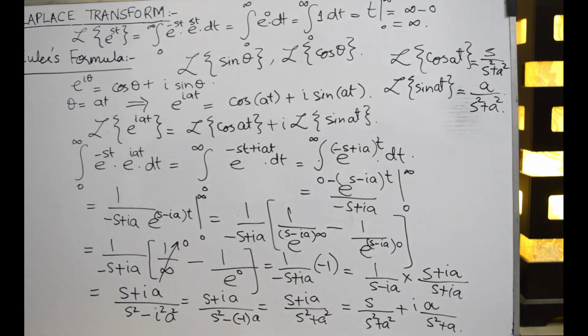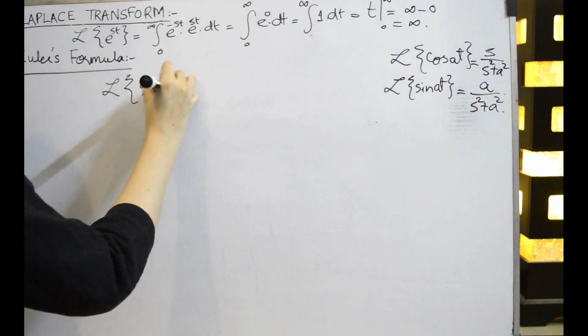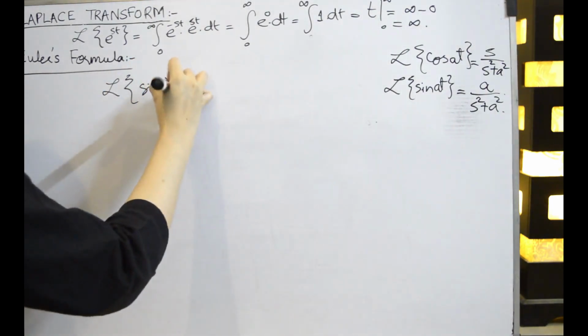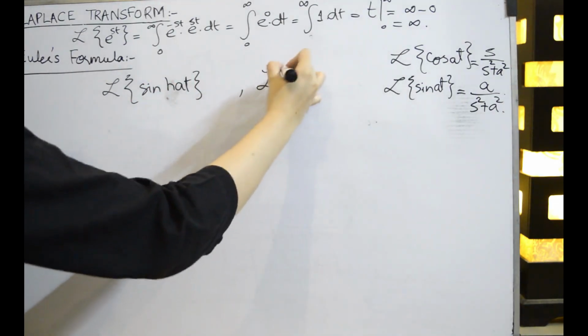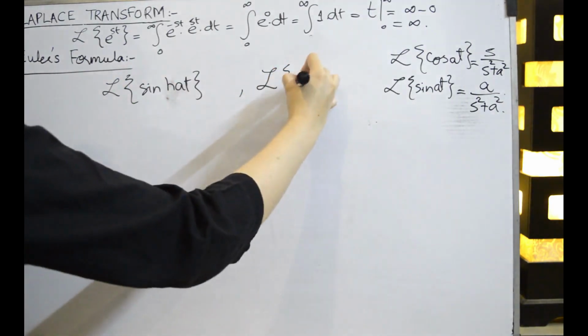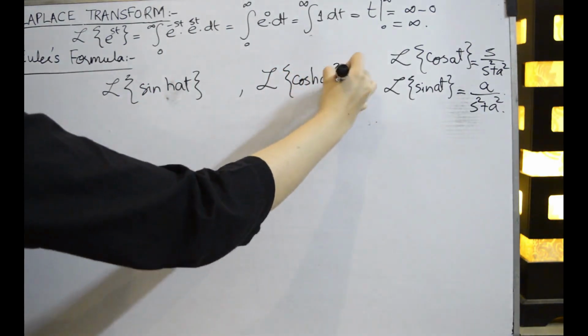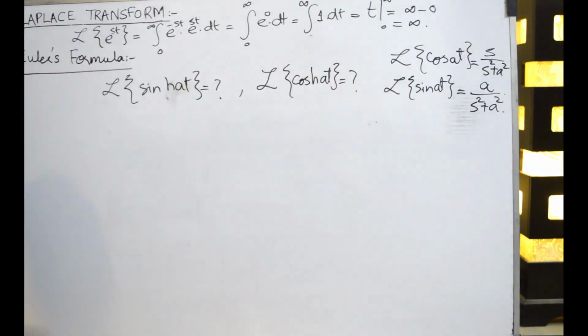Also, you can find out the Laplace transform of hyperbolic functions, sine hyperbolic at and cos hyperbolic at, and if you know the technique, you can find both of these Laplace transforms. Sine of hyperbolic x has the formula e to the power x minus e to the power minus x divided by 2.